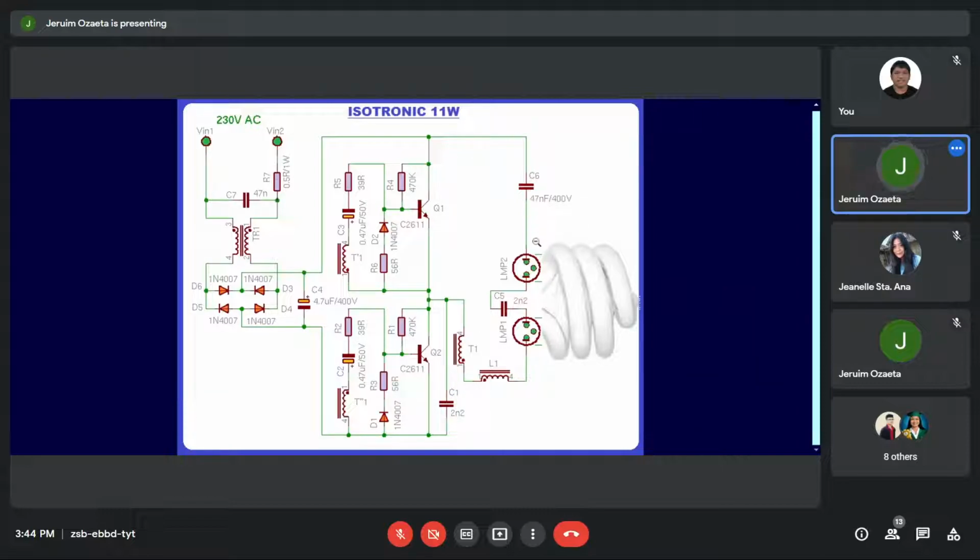Yung positive signal galing sa C6 through the terminal at lamp 2, nakaseries, ay masisense ng input ng base Q2. Ito, Q2. Pag nag-positive yan, pagpa-positive ito, magko-conduct ang Q2.